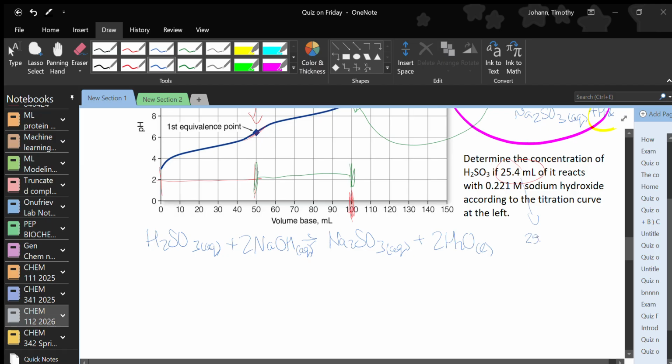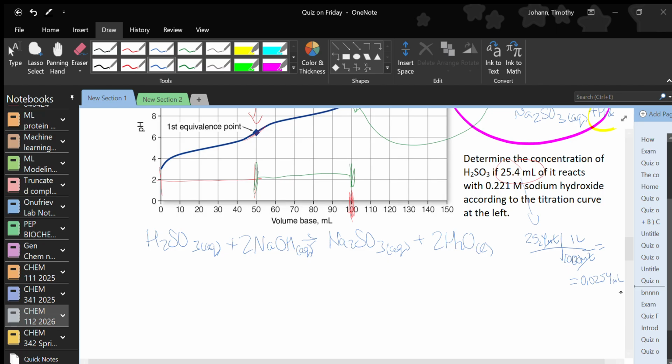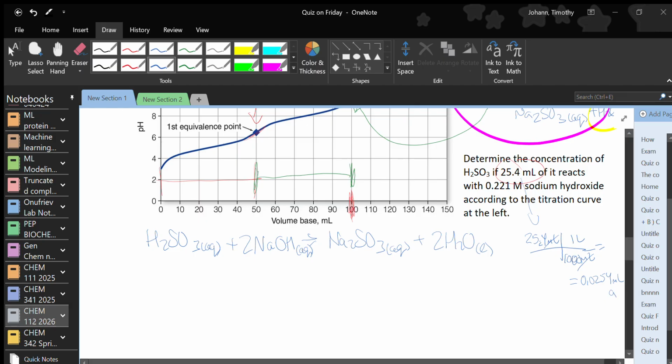So if I have 25.4 milliliters, and I have 1,000 milliliters per 1 liter, I cancel these two and rewrite it down here as 0.0254 liters. Great, that's the volume of our acid over here. Now, I have 100.0 milliliters of NaOH.